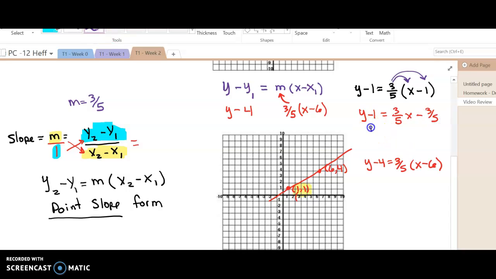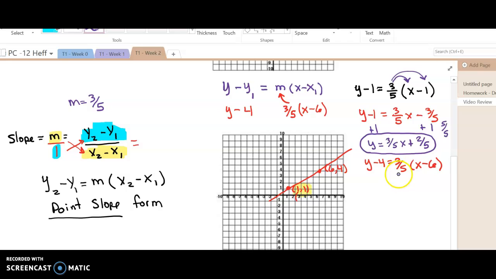Now I'll add this 1 to both sides, and 1 is in the form of, it's the same as 5/5. So I have y equals 3/5 x, 5/5 plus a negative 3/5 gives 2/5. That's the slope-intercept form of this equation.